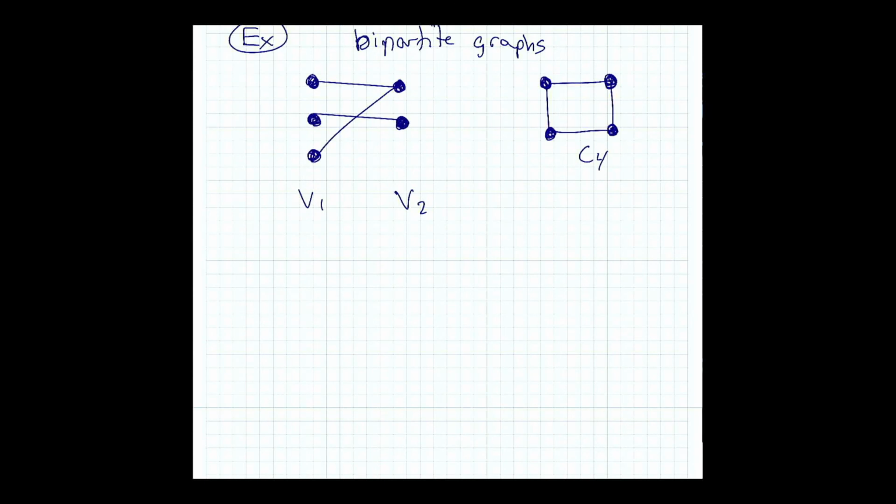It is bipartite because you can just move the vertices around, keep the edges, and draw a different picture.